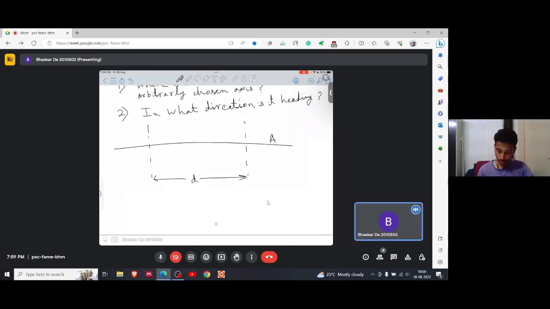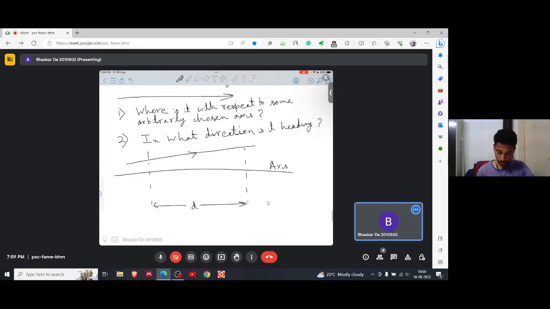This is the chosen axis, and this is the laser beam. The first question is, where is it with respect to some arbitrarily chosen axis?